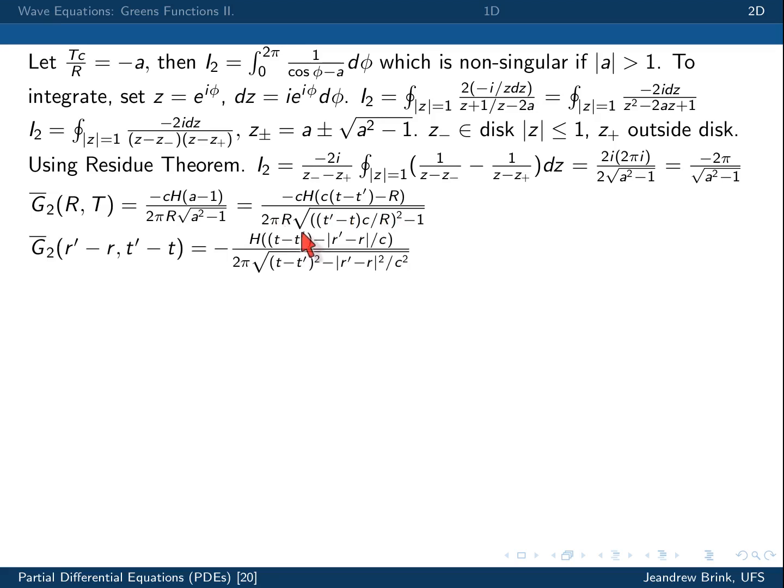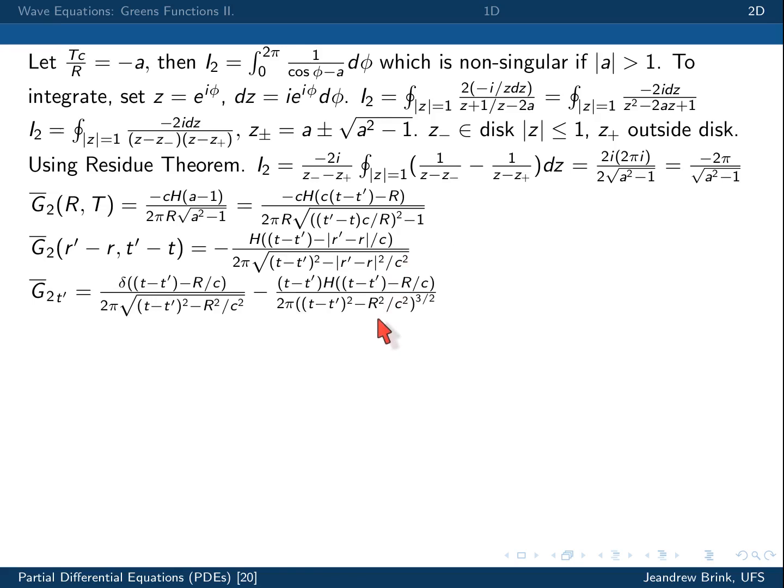Okay, so the Green's function for the infinite domain is then just, I've used the definition of r and t, and just written it out in full, because sometimes it's useful. And over here I've multiplied this r into the square root as well as the c into the square root, and that's what we get.